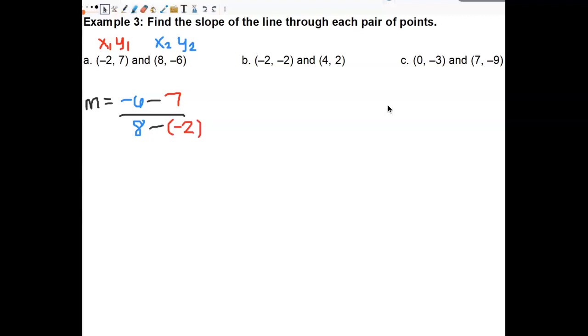So everything in black is always the same. It's always the M. It's minus on top, minus on bottom. The division line between them. What's changing is the points you're plugging in.